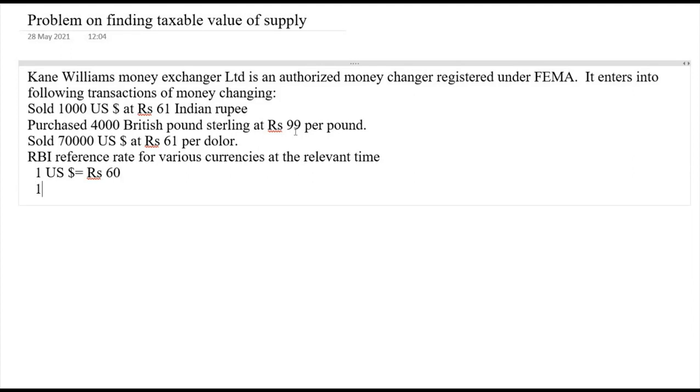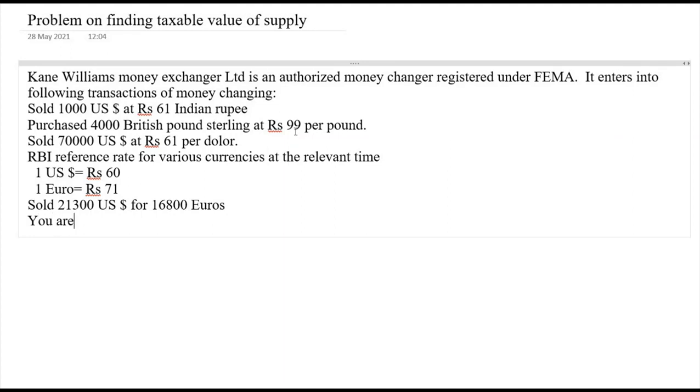Then €1, that is euro, equals rupees 71. Sold 21,300 US dollars for 16,800 euros.